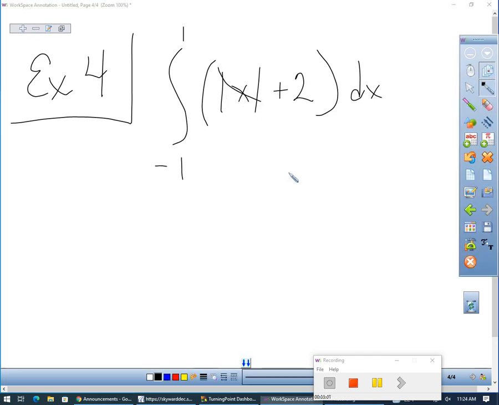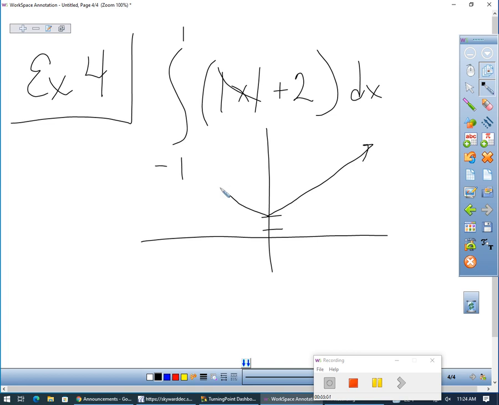So let's graph exactly that. So you have this up 2, and you have a v that's got a slope of 1 in either direction, right? There's our graph. Now, we're going from -1 on this side to +1 on this side. So we're looking for this area from here to here.